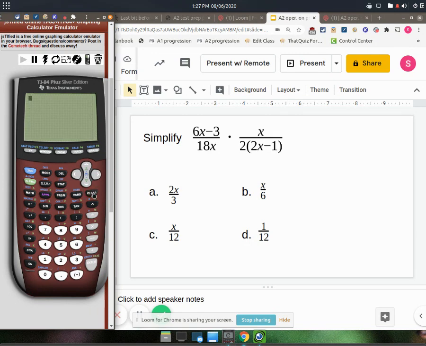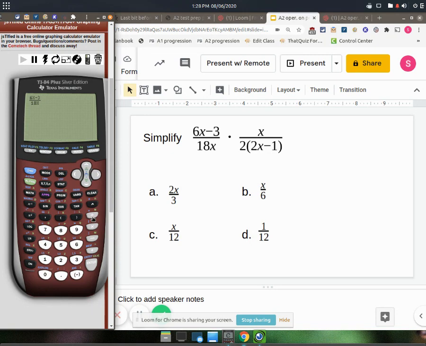So we're going to see what it is on the original. We'll do alpha y equals, and that brings up this menu. N over d, that's how you make your fractions. So alpha y equals 6x minus 3 over 18x.